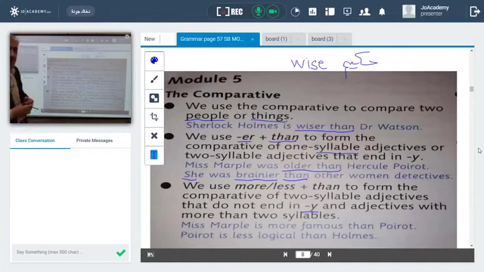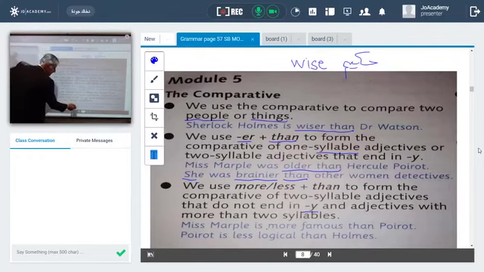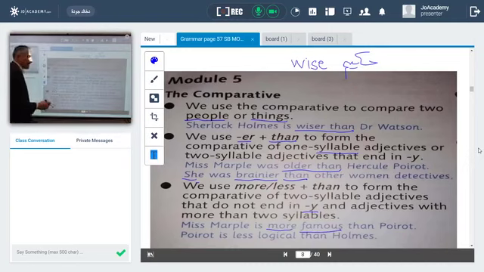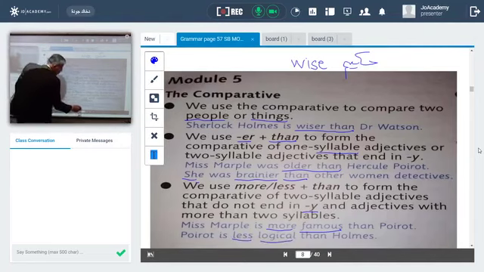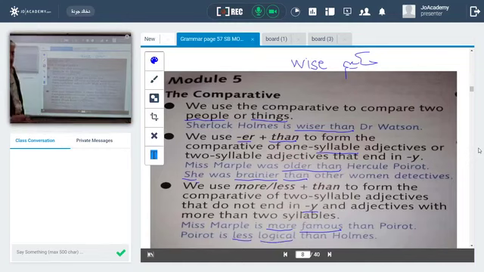It precedes the adjective. Here we have Miss Marble is more famous than Holmes. We have the adjective famous. It is two syllables. Than Holmes. Period is less logical. Logical, three syllables, so it is more than one syllable.